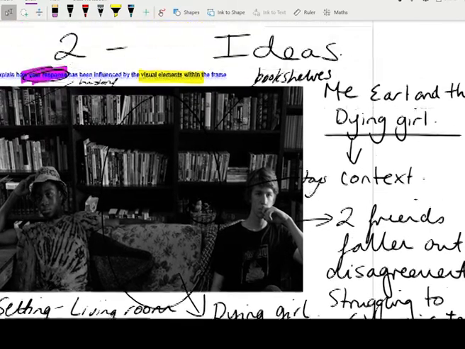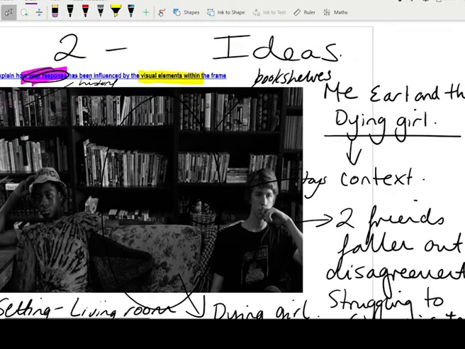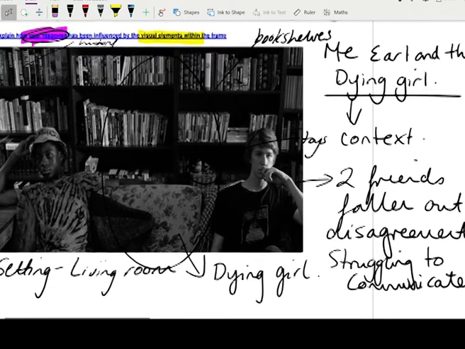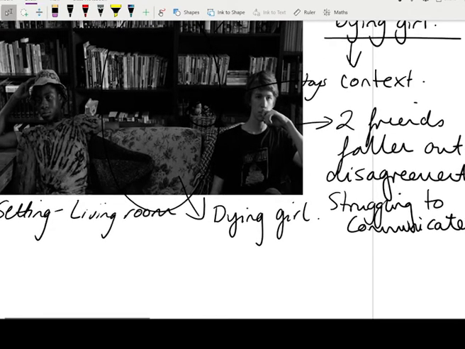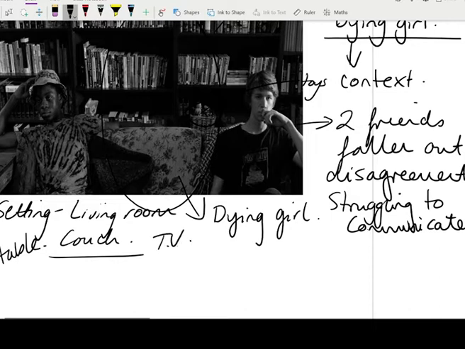So you've got the idea that there's a lot of books, there's history books, there's some toys. So you get the idea that perhaps this is a living room. There's a couch, and typically there's a little table there that he's got his arm on. Typically a couch is often facing a TV when it's sat like that. So you could assume that they're sitting there in a living room facing the TV or whatever. That's the first thing, that's the setting.